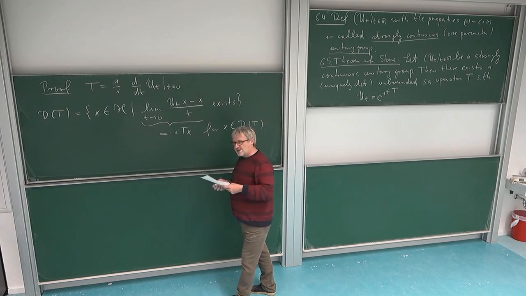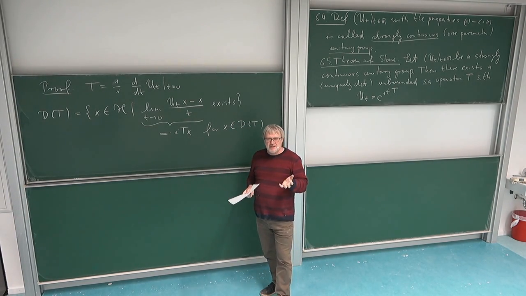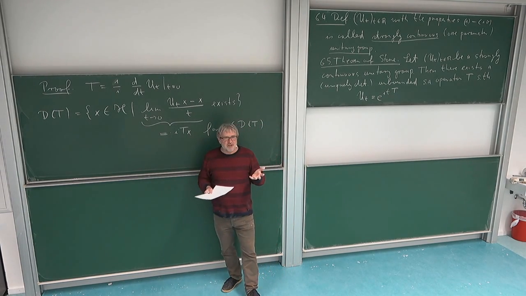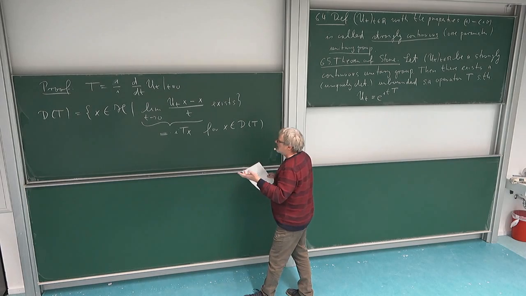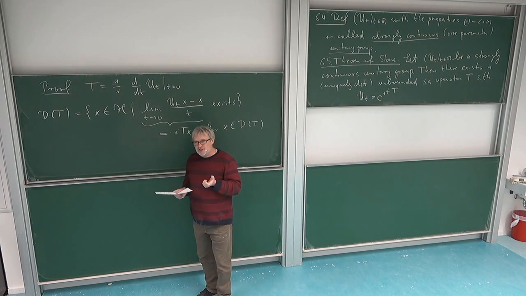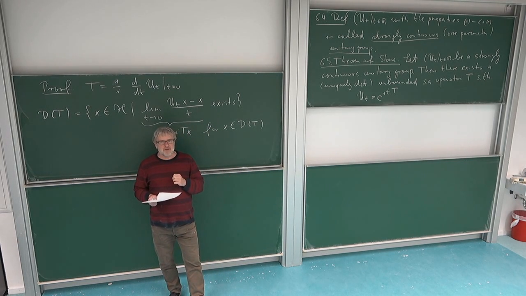But of course we still have the main problem as in the bounded case, namely how can we be sure that this limit exists? Sometimes it exists, sometimes it doesn't. The crucial point is that it exists in sufficiently many cases, since an unbounded operator must have a dense domain.